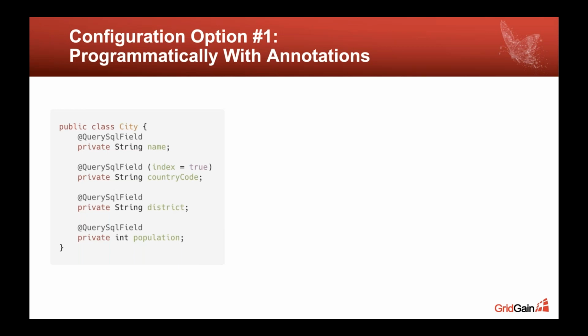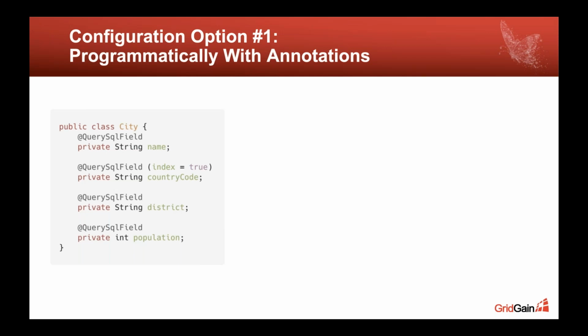So speaking of Java, the very first configuration option is to define your SQL metadata programmatically using annotations. As shown on this slide, let's assume that you created a City POJO class. If you want any of the fields of this class to be visible by the Ignite SQL engine, then you need to annotate those fields using QuerySqlField.